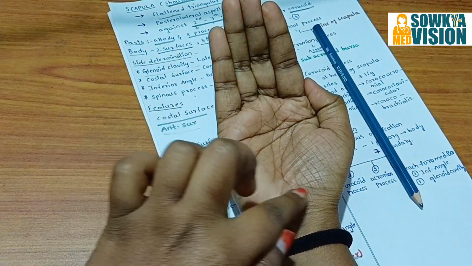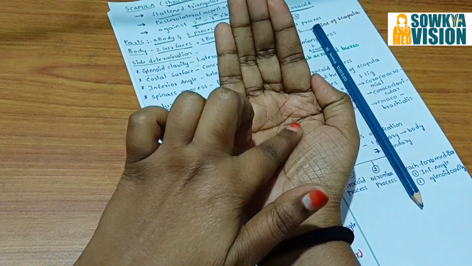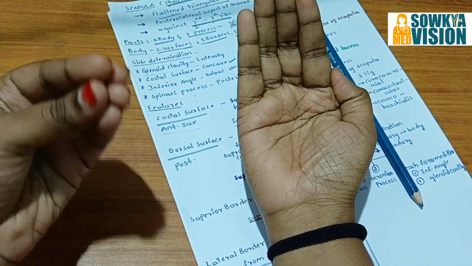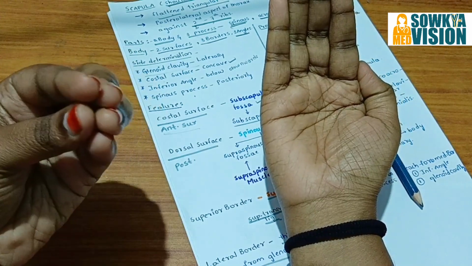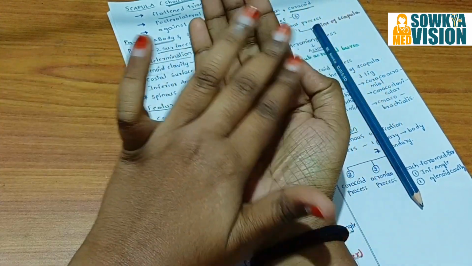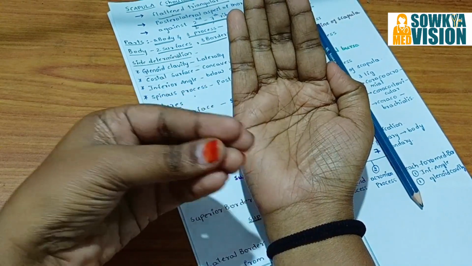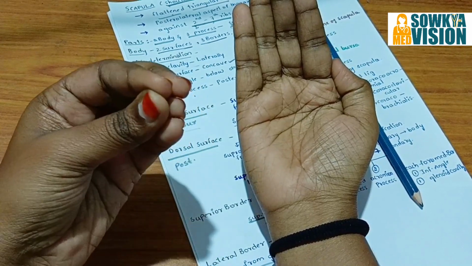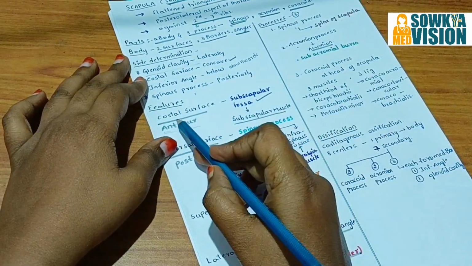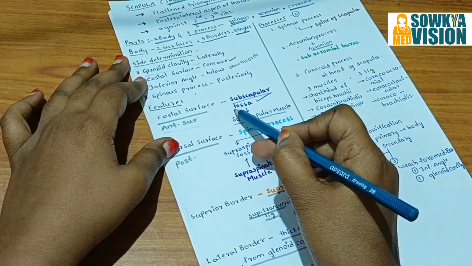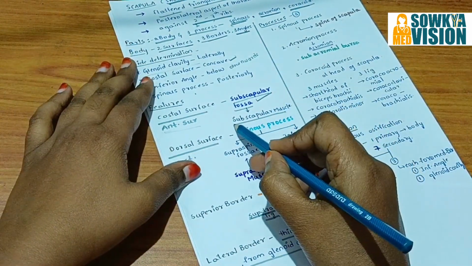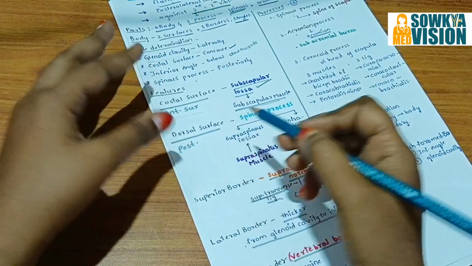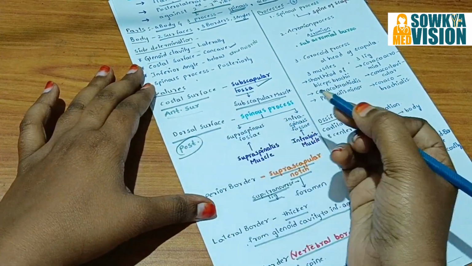So what is this concavity for? It is for the origin of the subscapularis muscle. So this fossa is called the subscapular fossa, for the attachment of the subscapularis muscle.